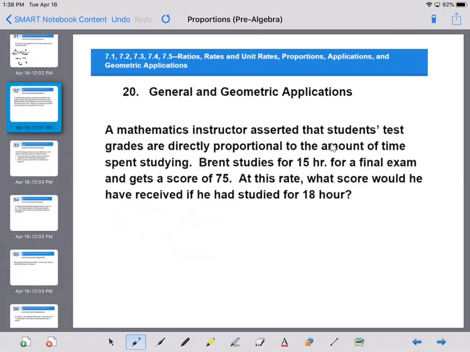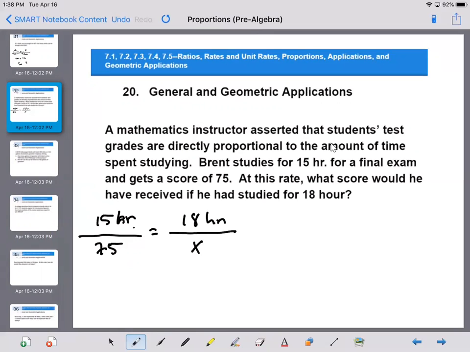So if a student's grades are directly proportional to the amount of study time, if that were the case, Brent studies for 15 hours for a final and gets a score of 75. At this rate, what score would he have received if he'd studied for 18 hours? So if they're proportional, then we can set them up this way.